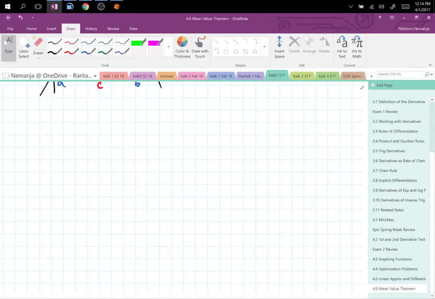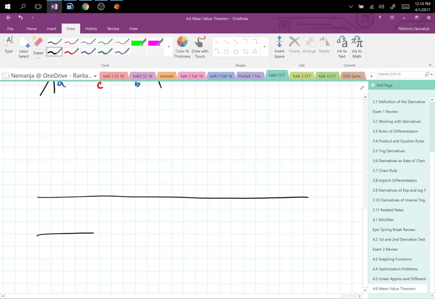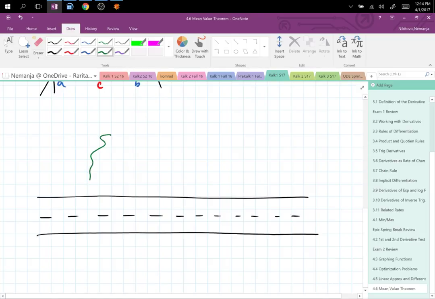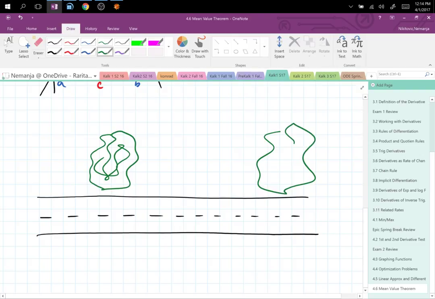Time for art. Ready? Here's a highway. I'm going to put a bush and shrubbery over here, another bush and shrubbery over here. Here's you on a highway in your car going that way.